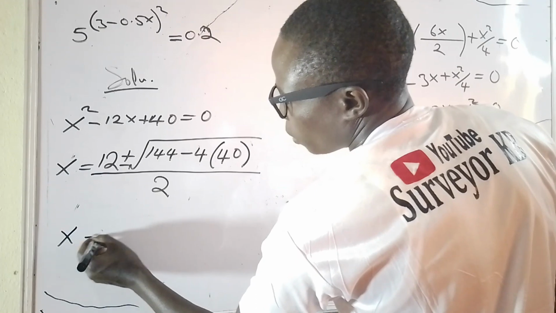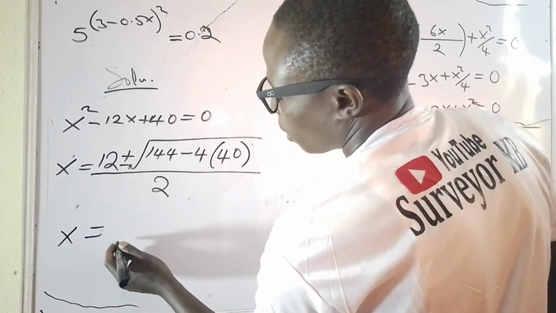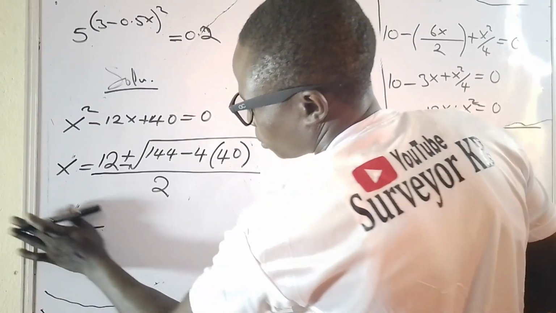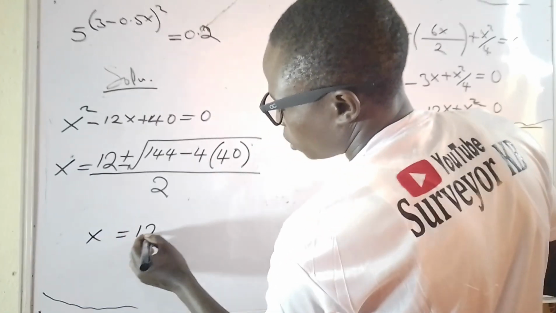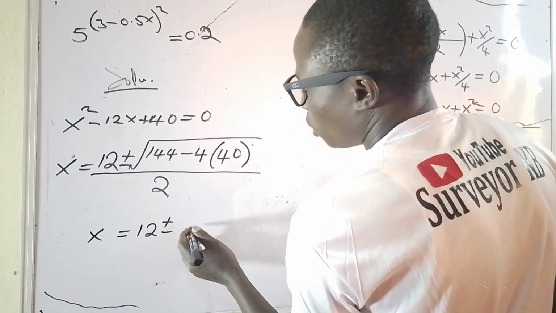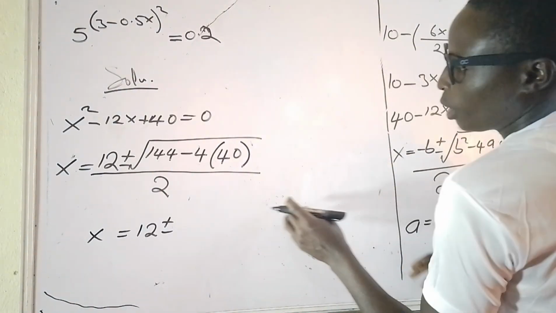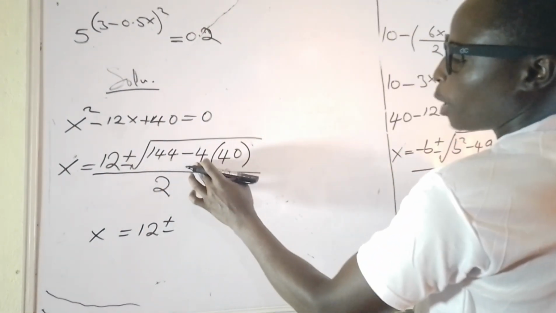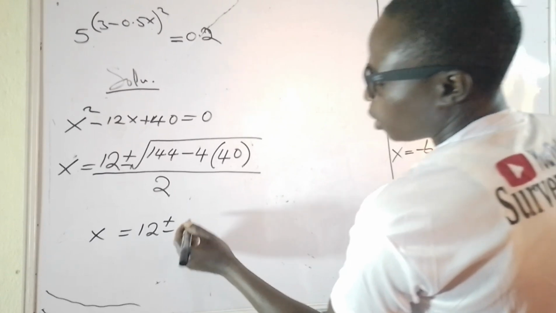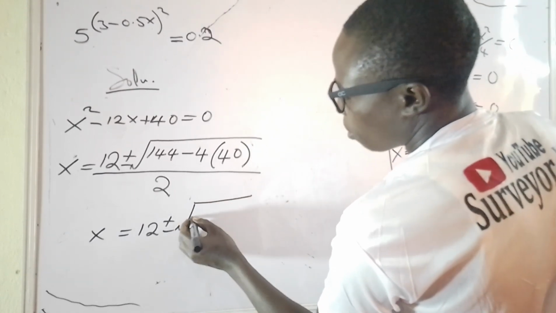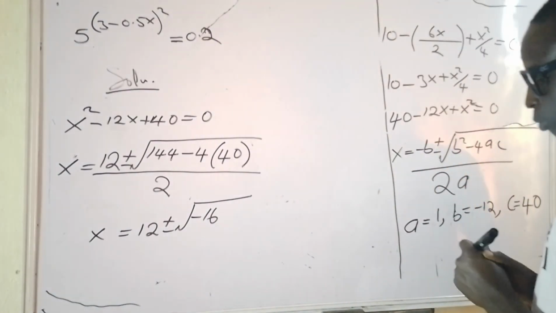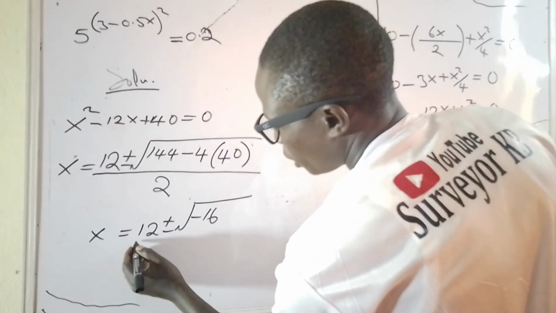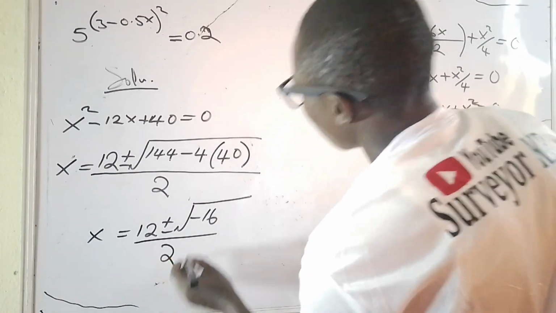So x will now be equal to 12 plus or minus the square root of 144 minus 4 times 40, which will give us minus 16, over 2.